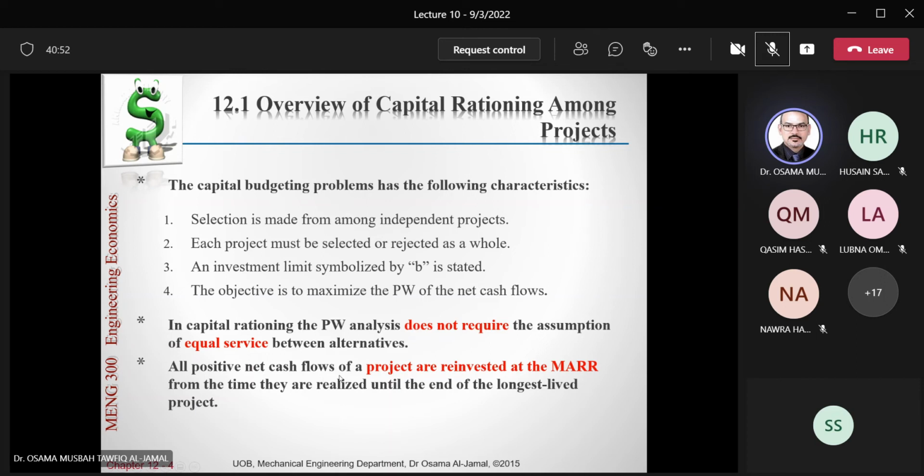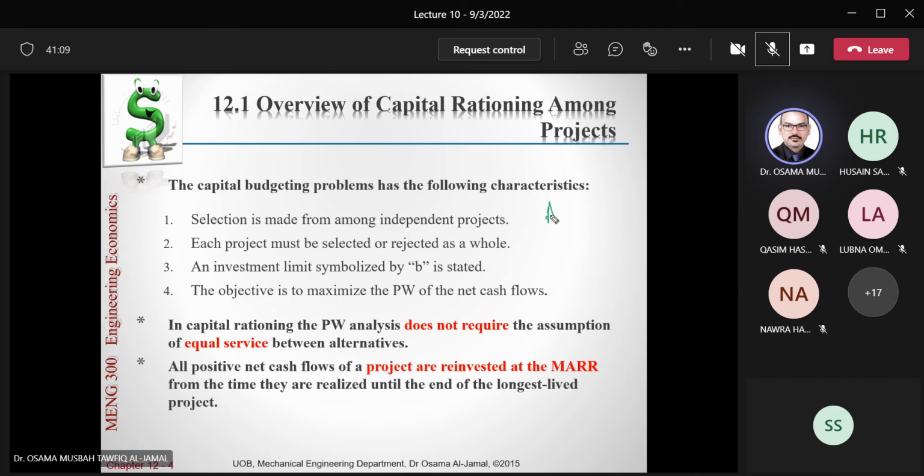All positive net cash flows of a project are reinvested at MARR from the time they are realized until the end of the longest life project. What does this mean?